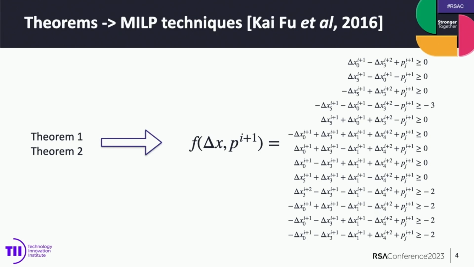So what are good differentials? Those that have a high probability. This is why here we are representing the exponent of the differential by p, and it is involved in the set of linear inequalities, as you can see in this function f.